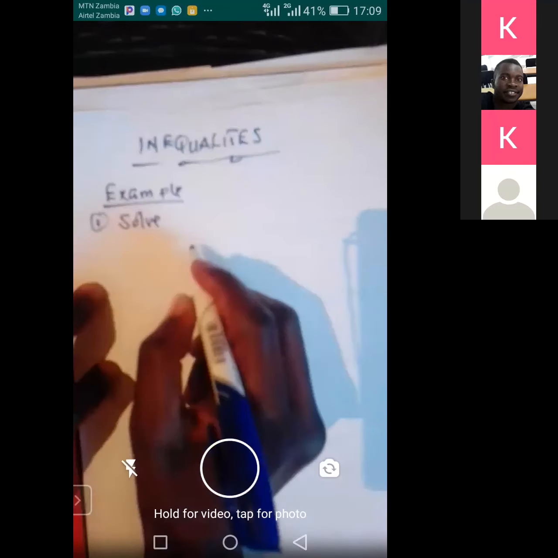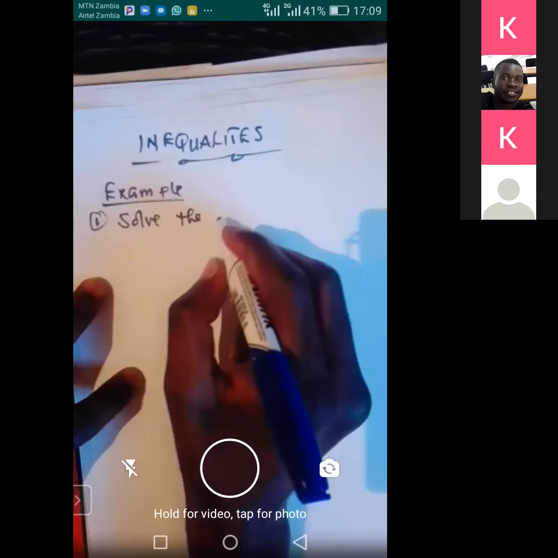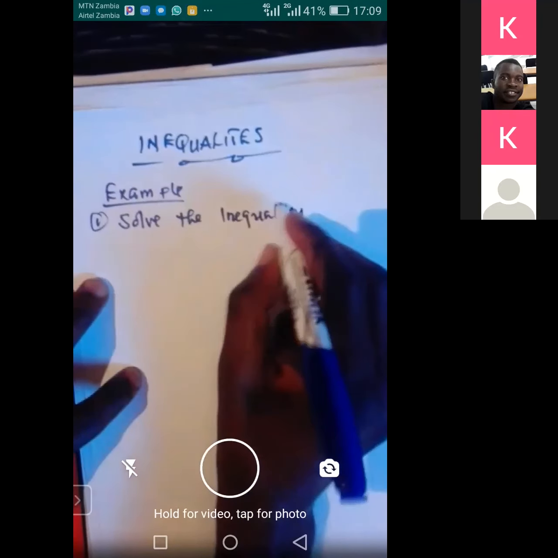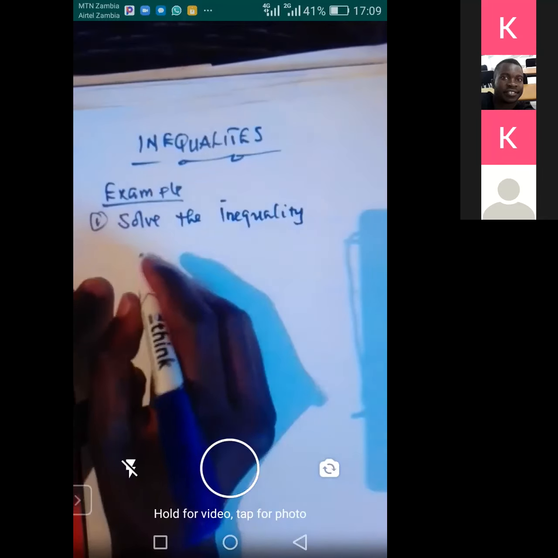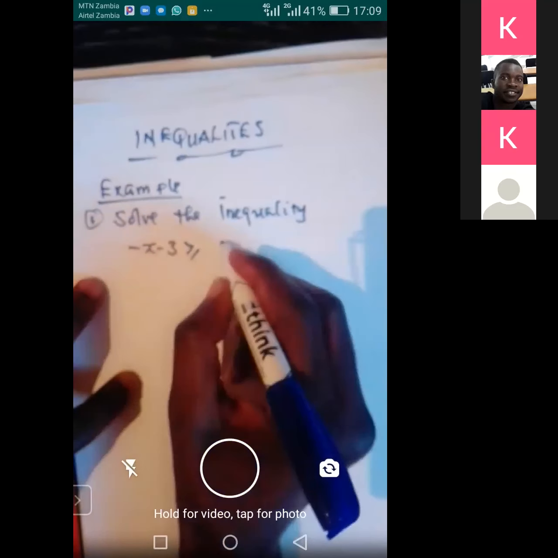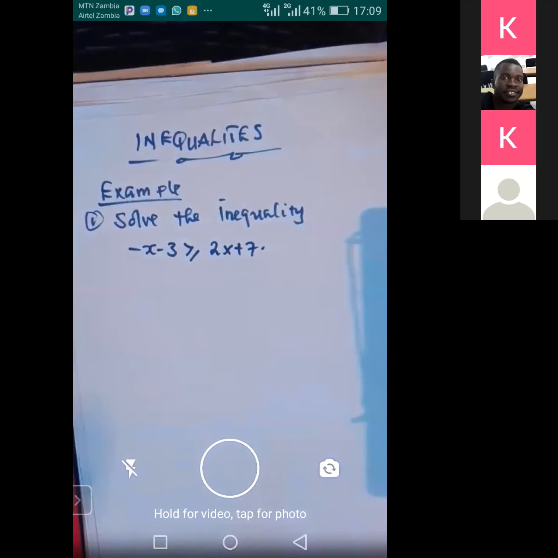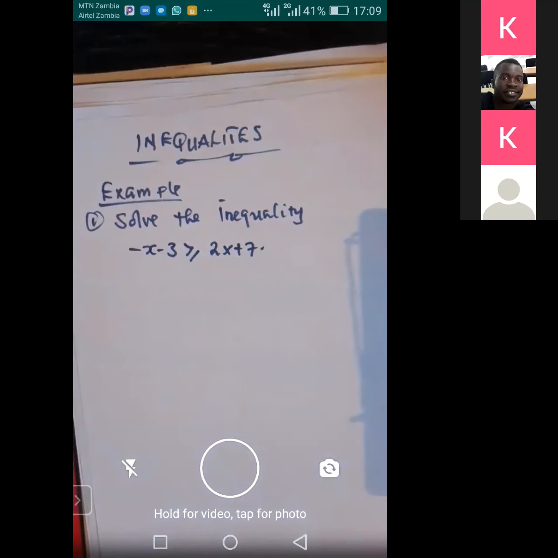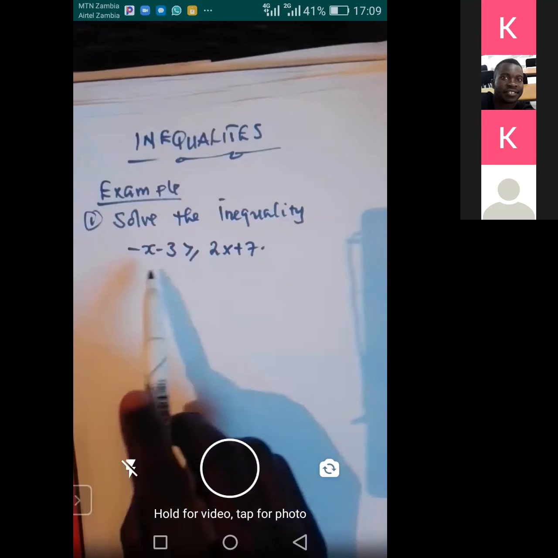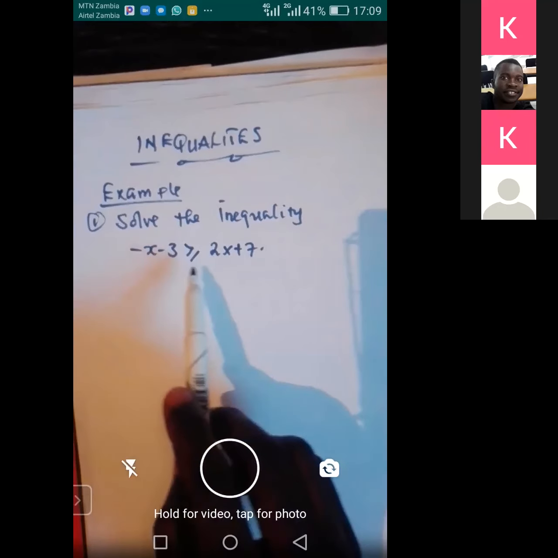Solve the inequality: minus x minus 3 being greater or equal to 2x plus 7. Okay, so we have that inequality. That's a linear inequality. So we are looking for values of x for which this inequality is going to hold.